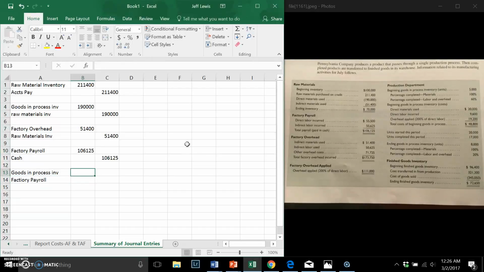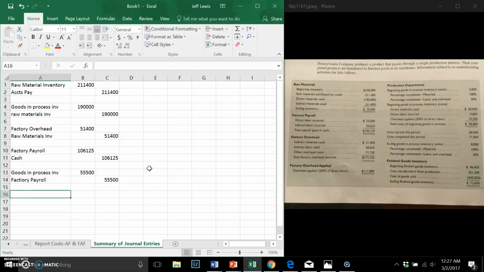For that, we look here to direct labor incurred. Is that right? Oh, yes. To record direct labor usage, you go to direct labor incurred, and that's what you're entering.